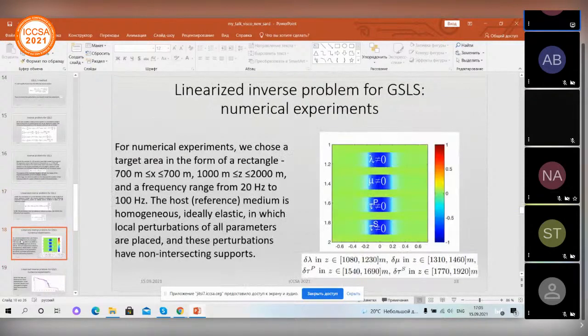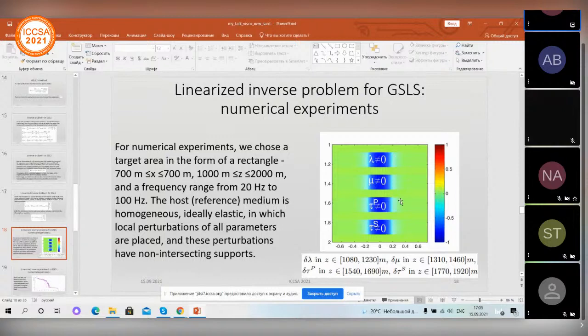So in order to understand what happens in this statement, we have decided to do a numerical experiment with such a model. The most important feature of this model is that perturbations of the parameters are in different spatial domains. At the very top, it is the perturbation of lambda, then perturbation of mu, then perturbation of tau p, and finally perturbation of tau s.